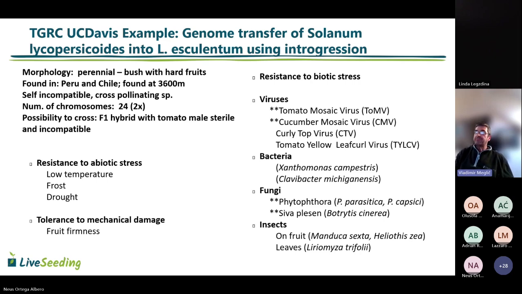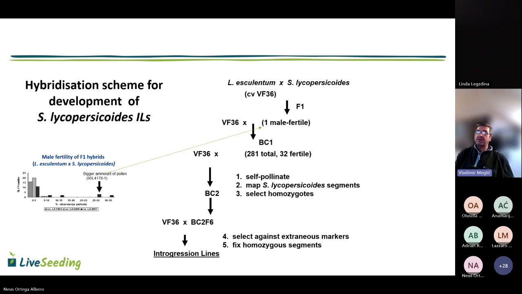Next slide, please. So this was the hybridization scheme that was developed by Charlie Rick. First, he made hundreds of different crosses to finally find a population that yielded a bigger amount of pollen.